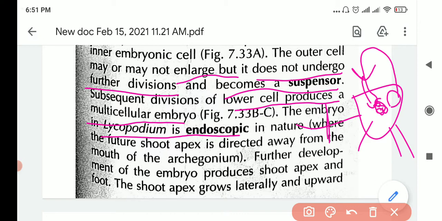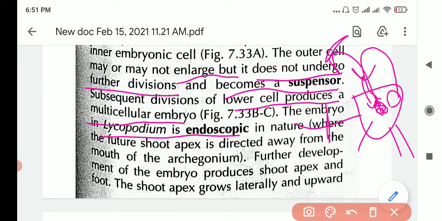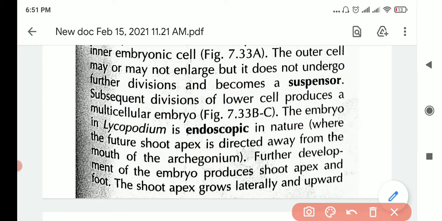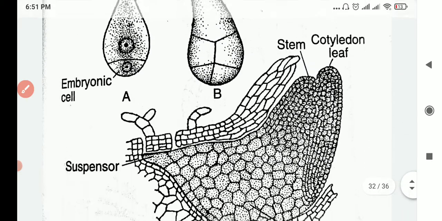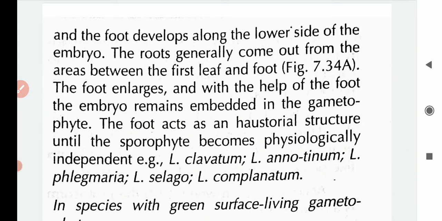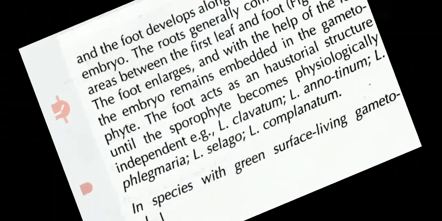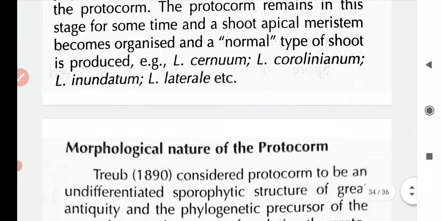The embryo will keep on growing. It will produce a shoot apex and it will grow laterally upward, and the foot develops along the lower side of the embryo. The foot behaves like a root, where it absorbs nutrition from the mother gametophyte.